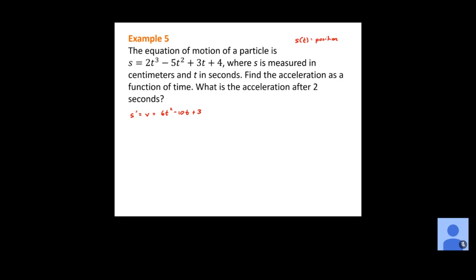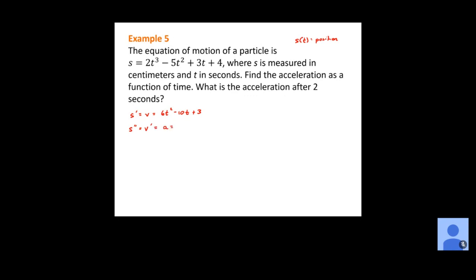Any questions about how we got the first derivative here? All right, now if we're looking for acceleration, we need to go to the second derivative. We're looking for the second derivative of position, which is the derivative of velocity, and that will give us our acceleration.